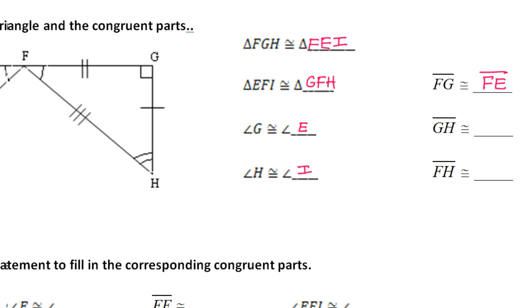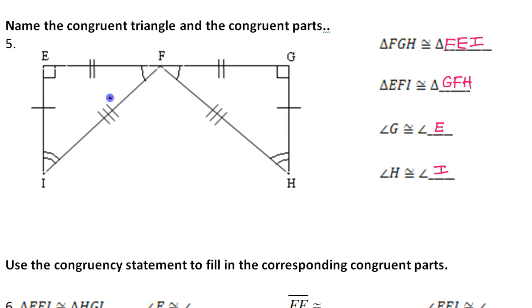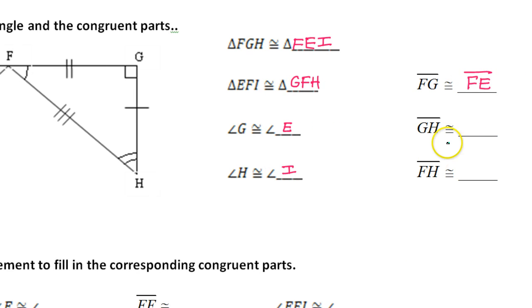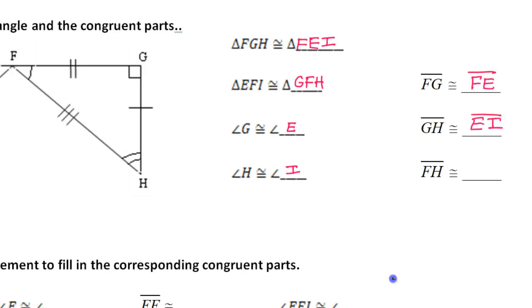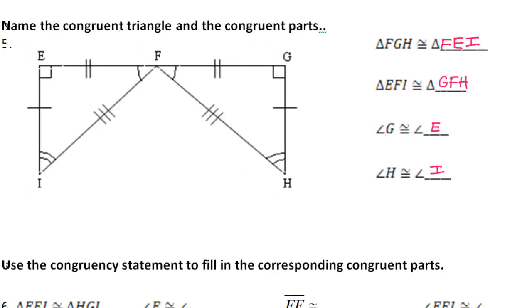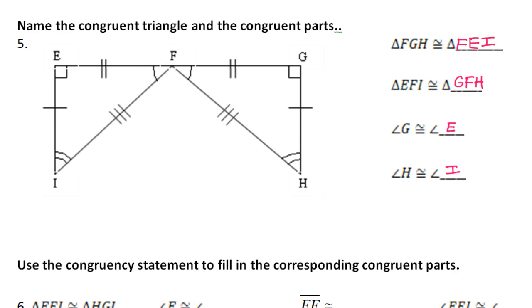Segment GH is congruent to segment EI. And segment FH, okay, is the hypotenuse, and that's congruent to segment FI. So that's number 5.